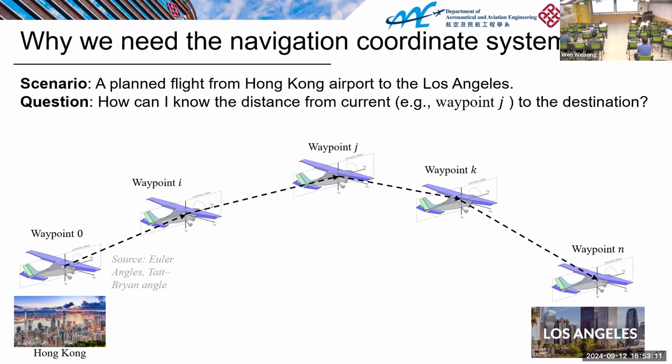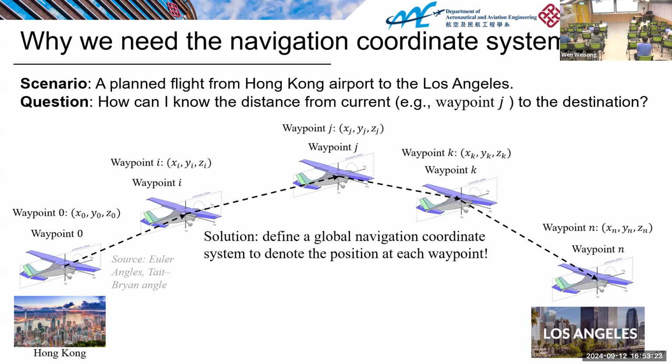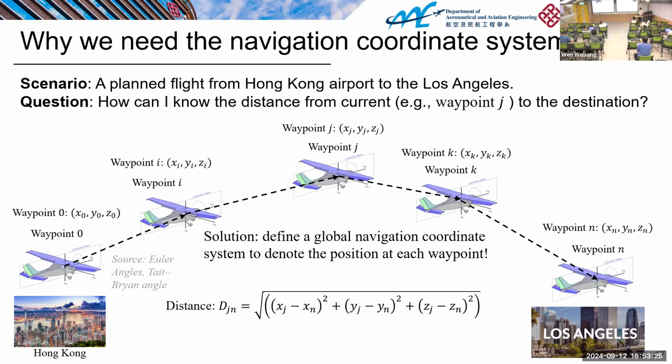So I need a global coordinate system that is applicable to both Hong Kong and Los Angeles. In this case, I need to define global coordinates. If I have global coordinates, I can easily calculate the distance. For example, this is the destination, xj, yj, zj, and this is maybe the middle point. You can calculate this distance.